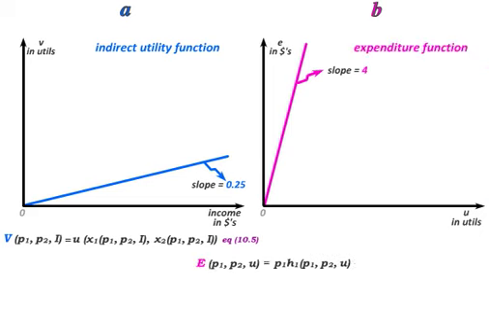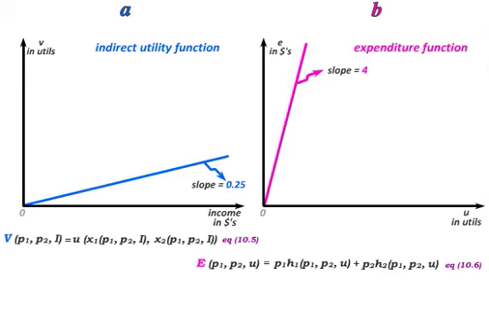Just as the indirect utility function is a more complicated function than what we graph in panel A, the expenditure function is a more complicated function than what we graph in panel B. It tells us for a particular utility level U how much expenditures are necessary to reach that utility level. One way to determine that is to find the expenditure minimizing bundle to get to indifference curve U. That expenditure minimizing bundle is given by the compensated or Hicksian demand functions.